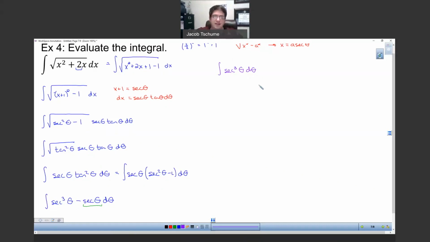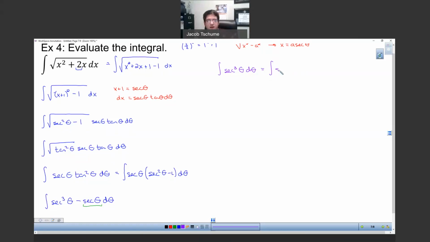That is once again not one of your strategies, so we're not going to go along that way. So instead, I'll go ahead and tell you, the only way to integrate secant cubed is you're going to have to set this up, unfortunately, as an integration by parts formula, which means that in order to do integration by parts, you need to break off something that we know how to integrate in order to set it up.